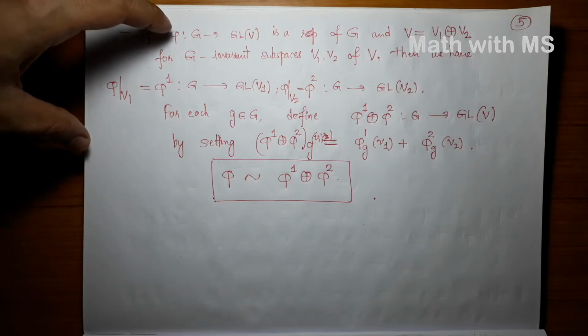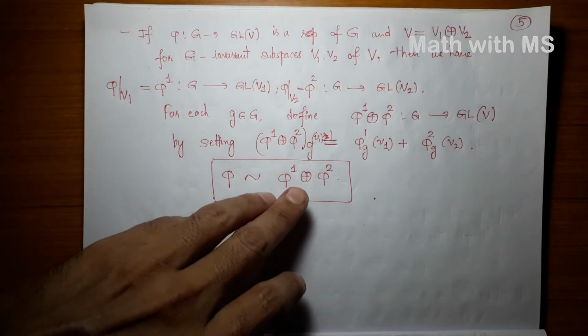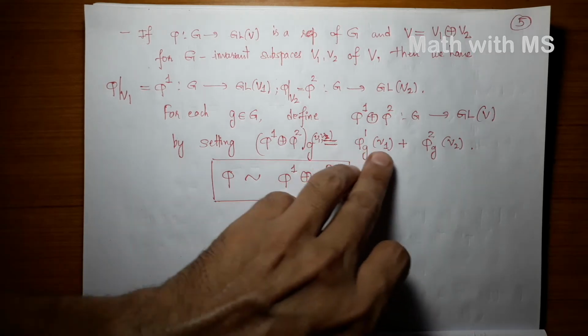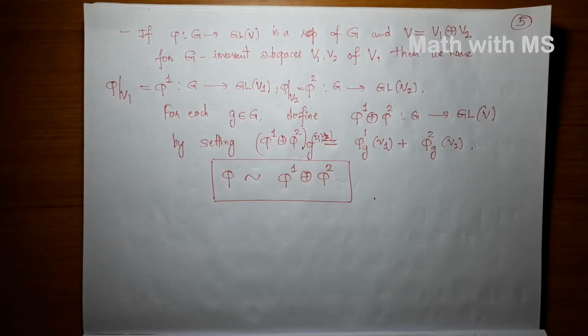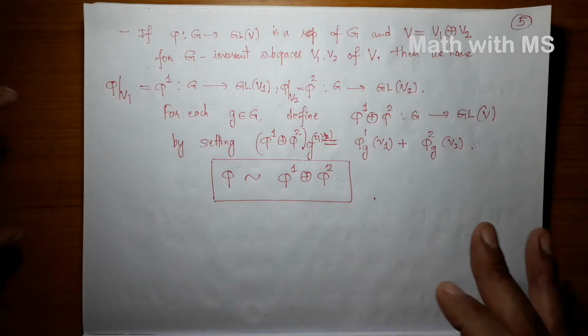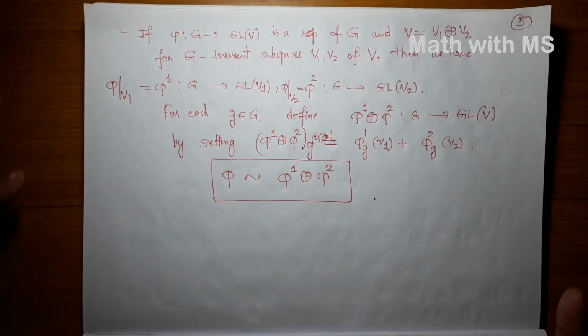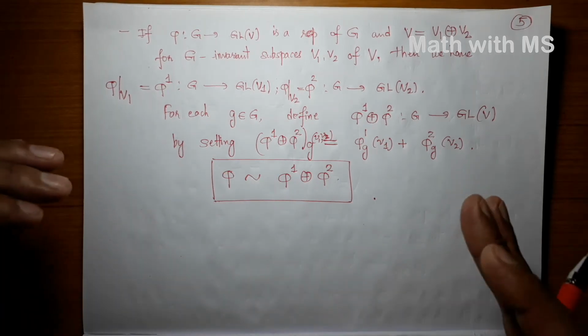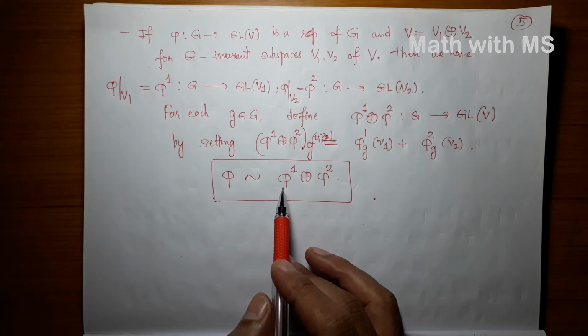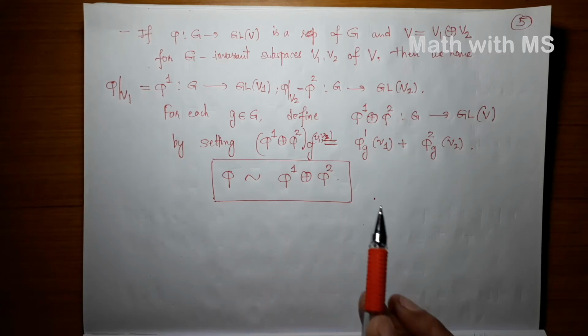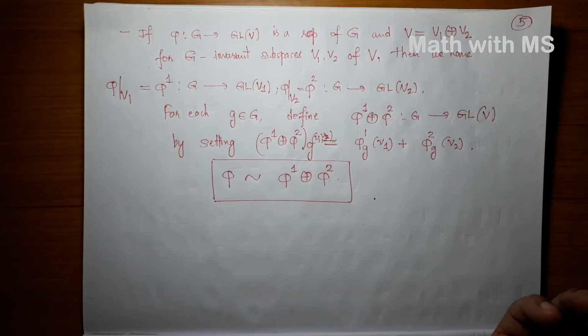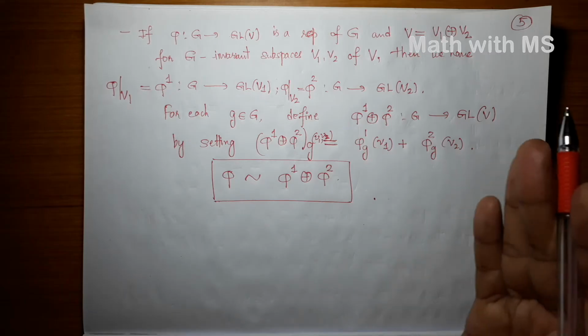Then what happens is that the original representation is just equivalent to the direct sum of these two representations. So this is what we desire for an arbitrary representation: given a finite dimensional representation of a group G, we should be able to decompose it into sub-representations till the point that each sub-representation doesn't have any G invariant subspace, so that we cannot further decompose it.